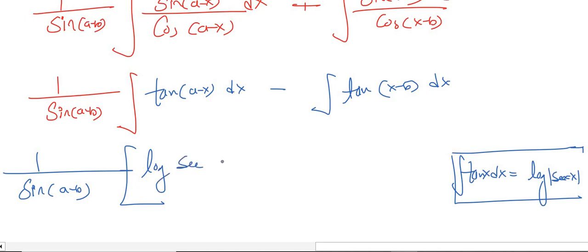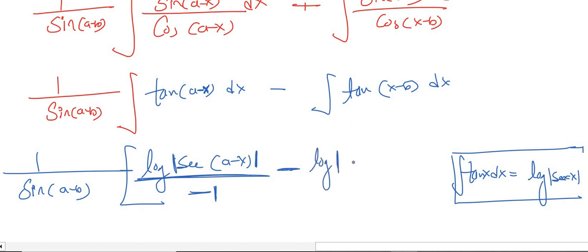So it will be log of sec of a minus x mod, and what is the coefficient? Whatever is the coefficient of x always comes in denominator. Always remember that. So minus 1 minus, and what is the integration of this is log of mod of sec x minus b. Here the coefficient of x is 1 only, so there will come only 1. So this is my answer. Okay, if you want, you can take minus in front, this minus and this front, and simplify it.